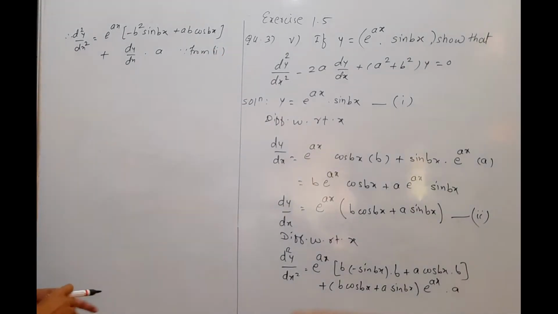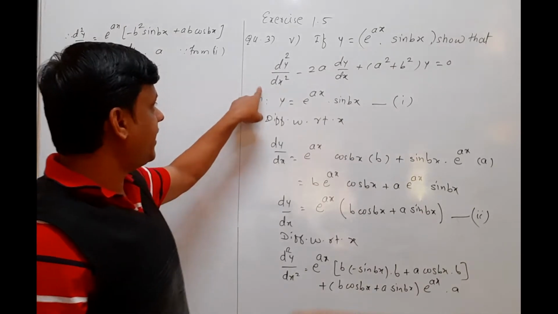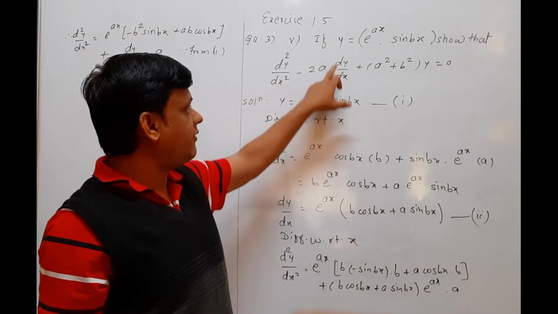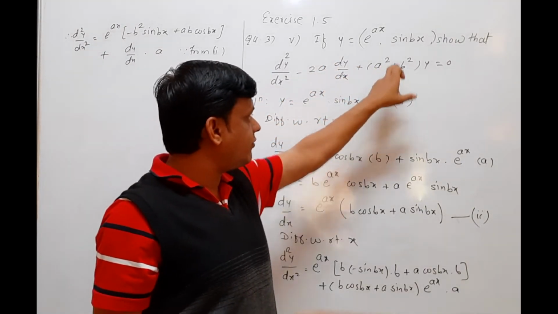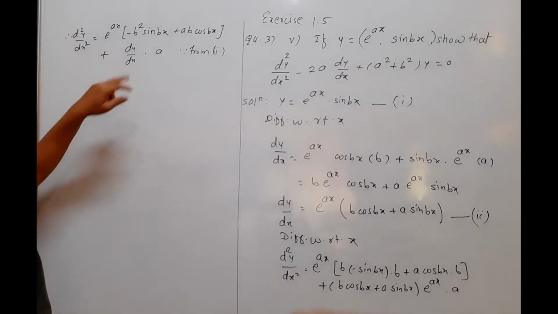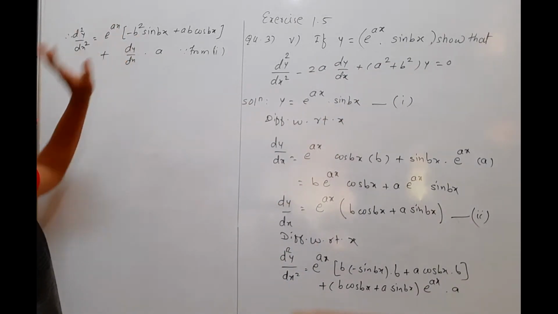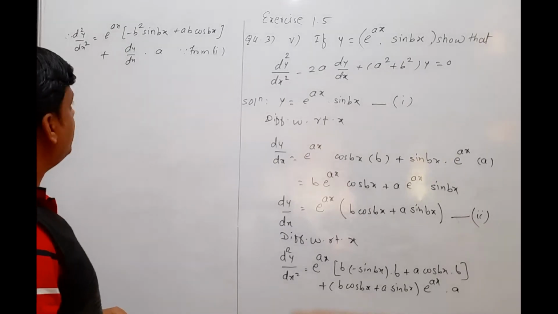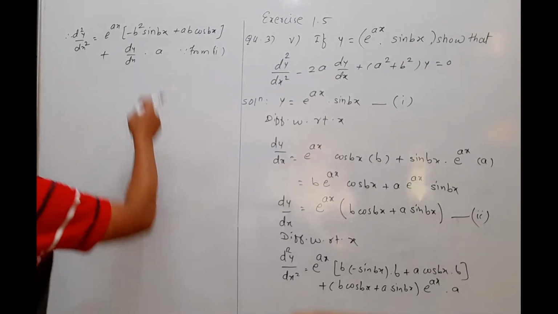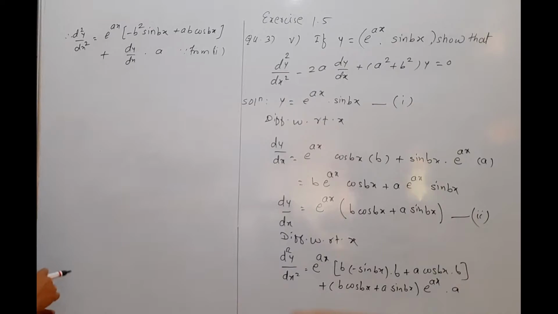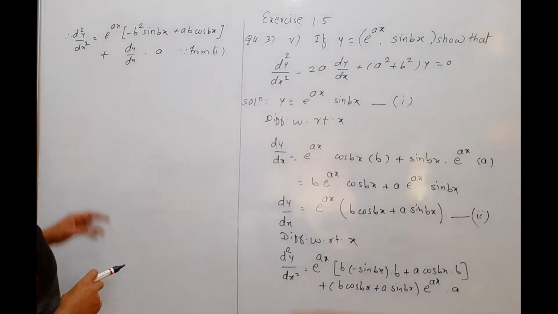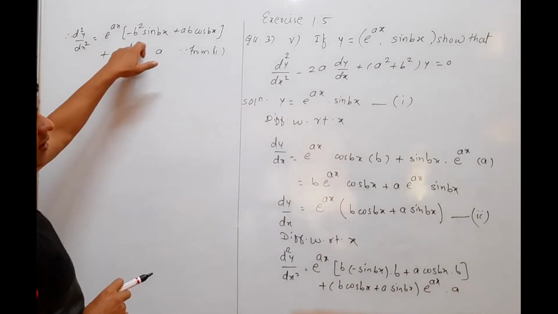Now we have to prove d2y by dx2 minus 2a dy by dx plus a square plus b square into y. Here we get only minus b square, that means we require minus a square also. So for that, in the first bracket we add and subtract an a square term.